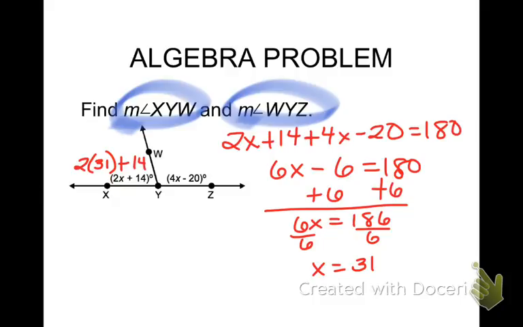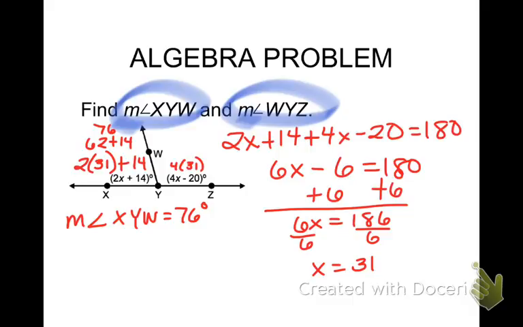Well, doubling 31 is 62. 62 plus 14 is 76. So one of my answers, so the measure of angle XYW equals 76 degrees. To save time, can you just take your 180 and subtract it? Yeah. If you trust that your math is correct, then yes, you can just subtract it. I like to put it into both just to make sure I did my math correctly.